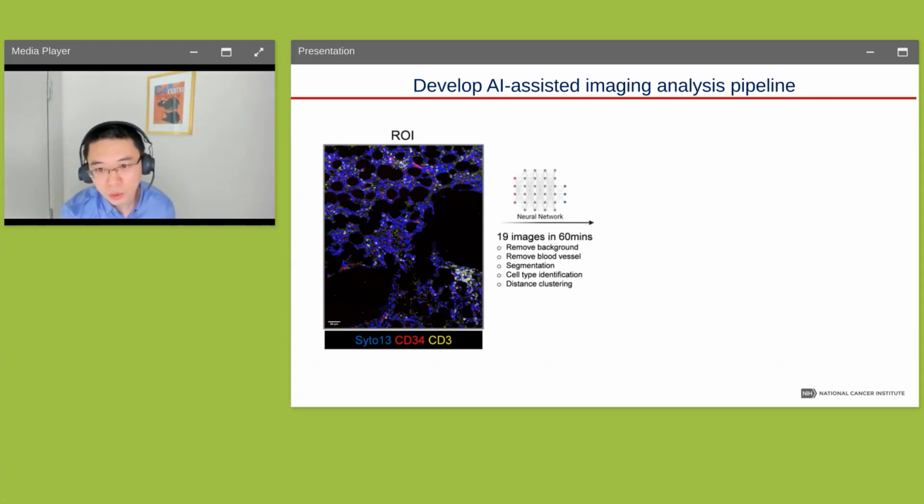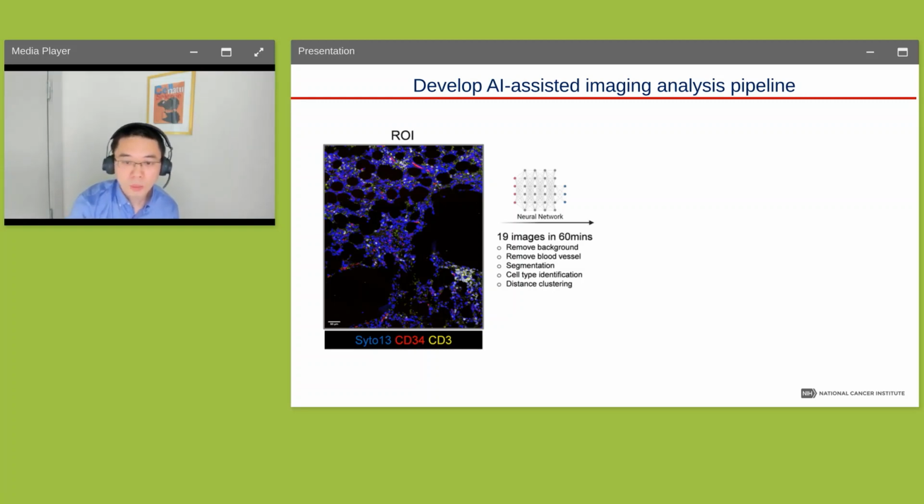task. We have 19 ROIs per slide, and in order to collect all the samples, we want to process them in 1 hour 16 minutes. During this period, we need to remove the background noise, and as you can also see, we need to remove those blood vessels, which are also positive for CD34, and we need to segment the cells.